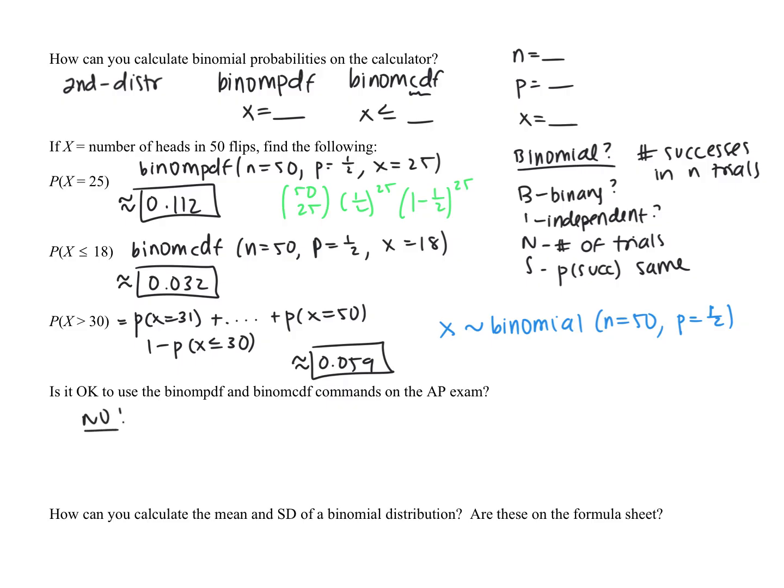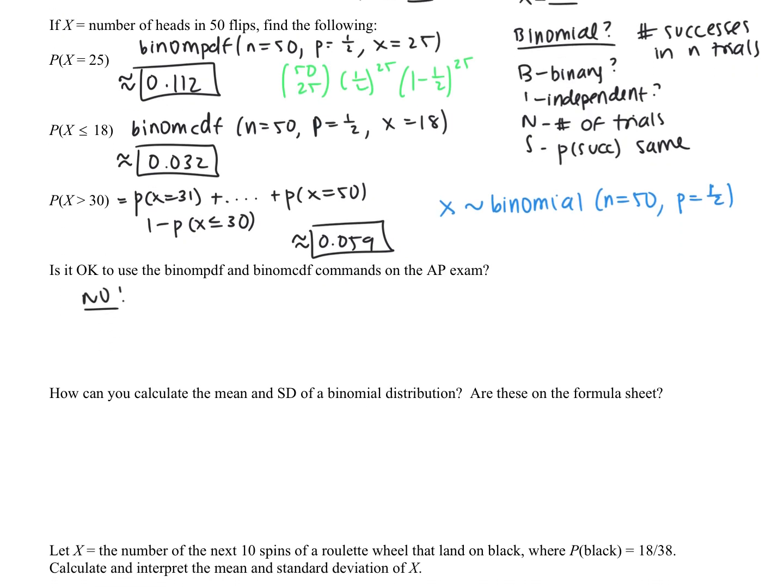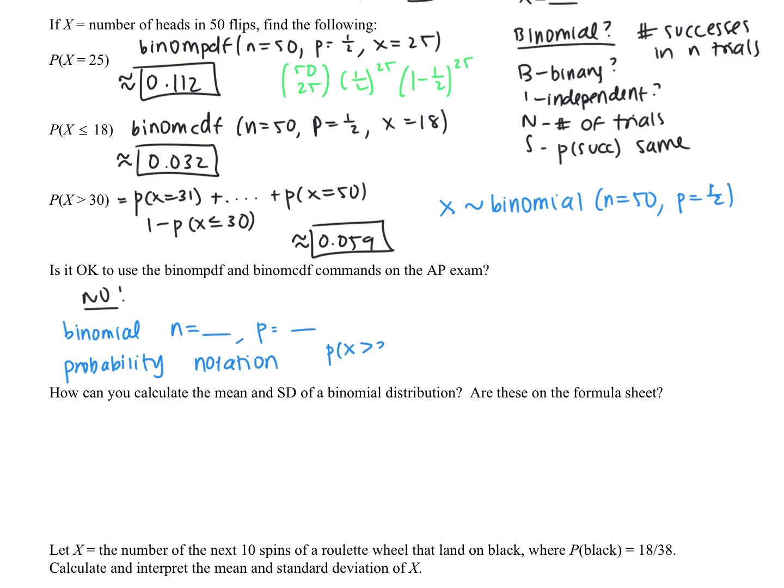No. Instead, what you should do is what I've been saying: write binomial, n equals something, p equals something. And then you're going to write probability notation. For example, you could do probability that x is greater than 30.